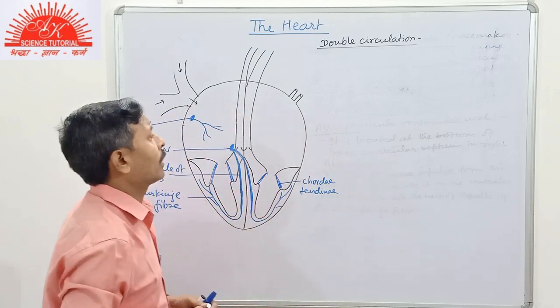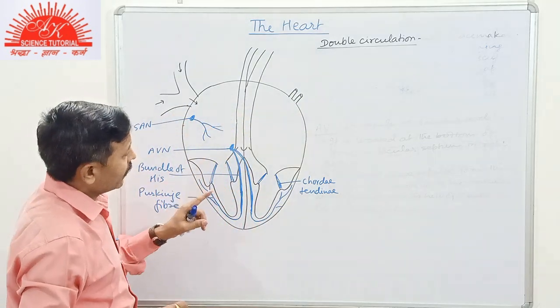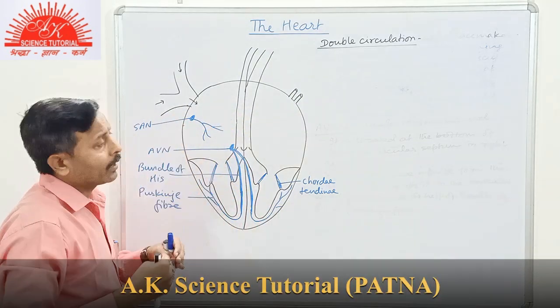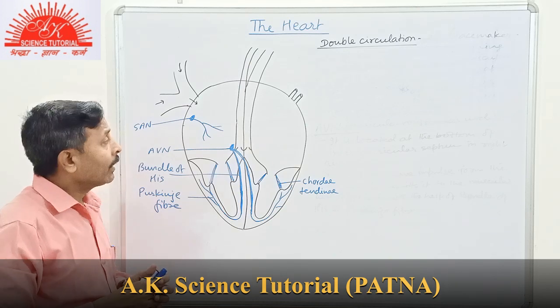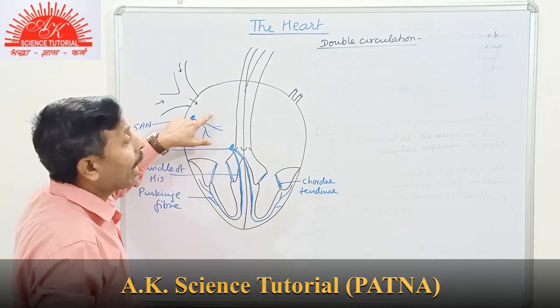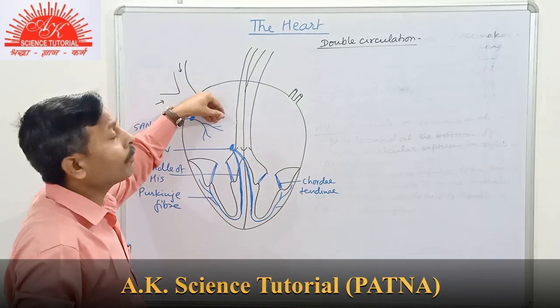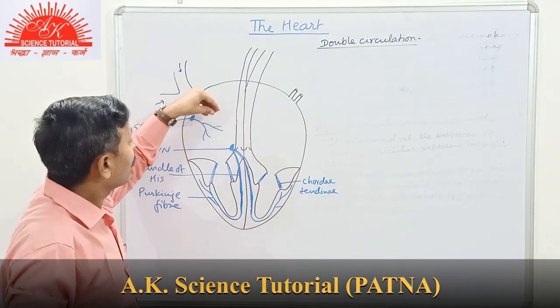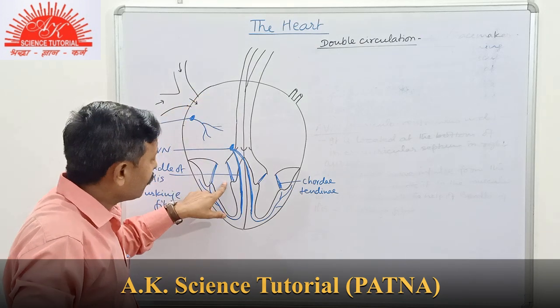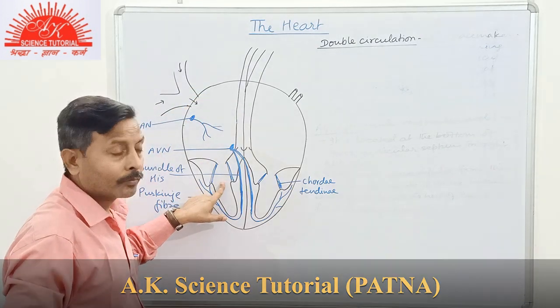Now what is double circulation? If we study the circulation of blood through the heart, it actually starts from the right auricle. It receives deoxygenated blood from different parts of the body, and contracts to send the blood into the right ventricle.